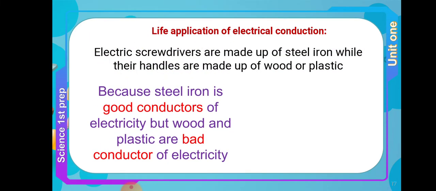Screwdrivers are made of steel iron, but their handles are made of wood or plastic, because iron steel is a good conductor of electricity, but wood and plastic are bad conductors of electricity.